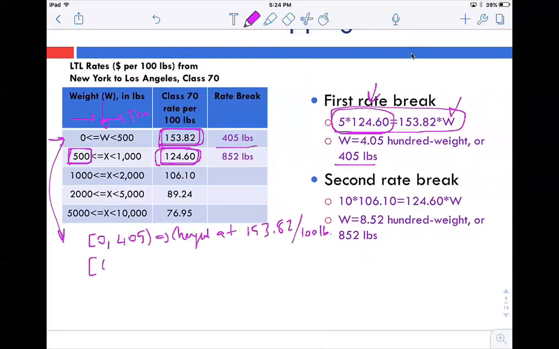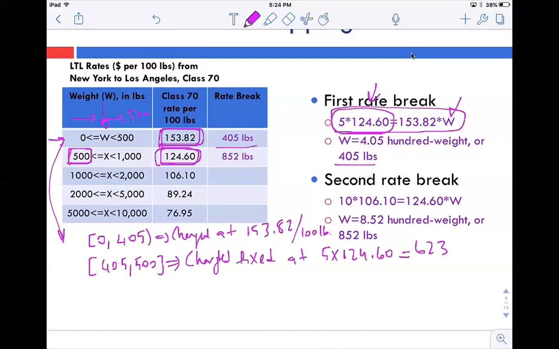But anything between 405 and 500 should be charged fixed at 5 times 124.60, and this is equal to $623.